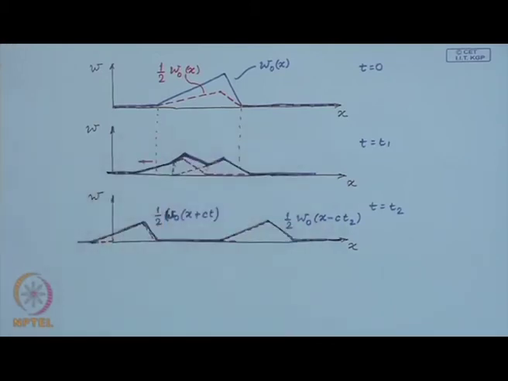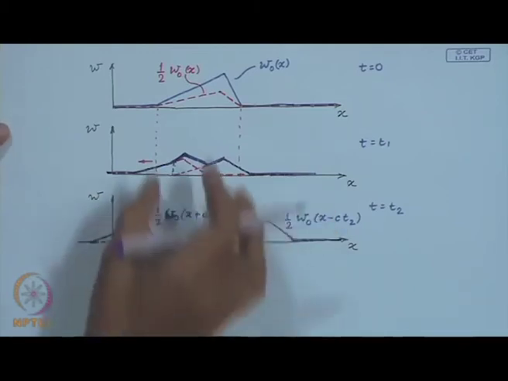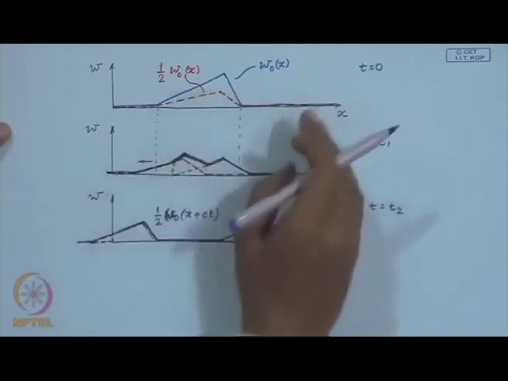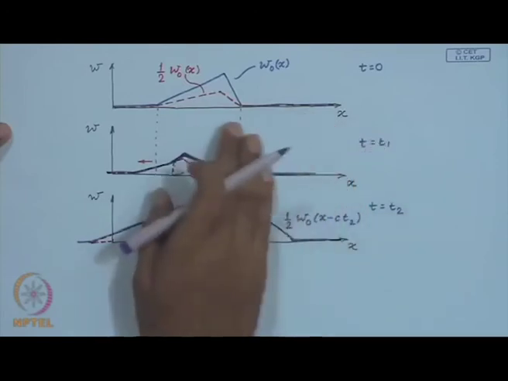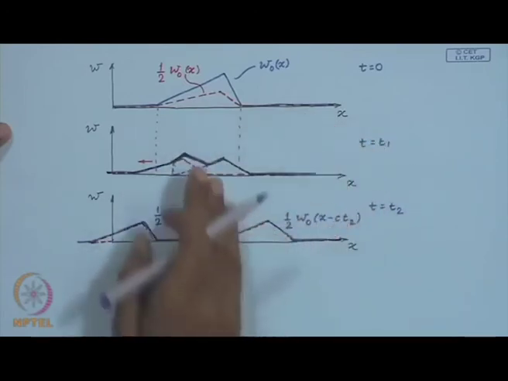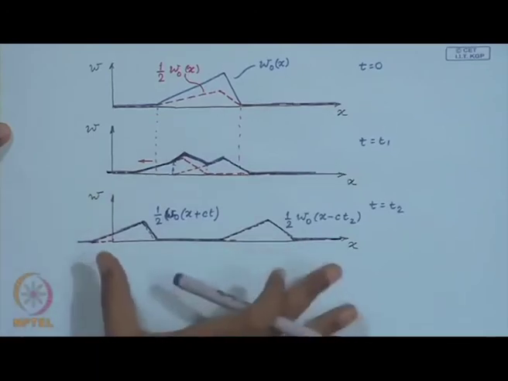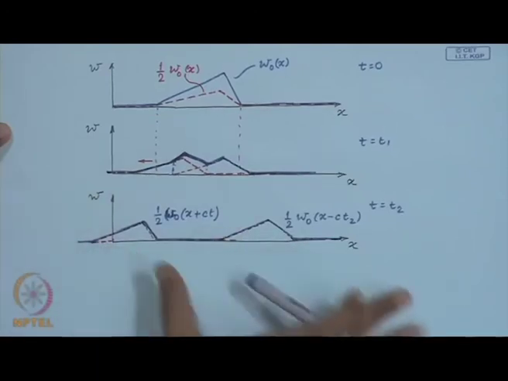So, that is how the system is going to evolve as time progresses. So, given this initial shape, one half of that configuration or the shape of that function will move to the right or to the positive direction, the other half will move to the left, and this is how it is going to look like.